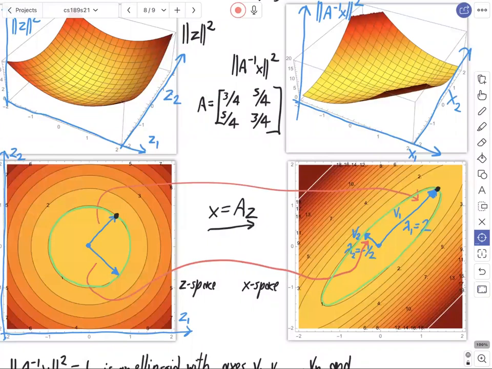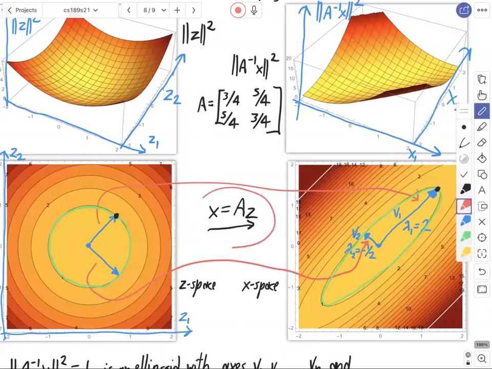There's one question asking why you wrote x equals Az when you drew that arrow from the left plot to the right, but then we're plotting the norm of A inverse x squared. Well, I don't know if I understand the question. I'm fixing x and z to have this relationship with each other.